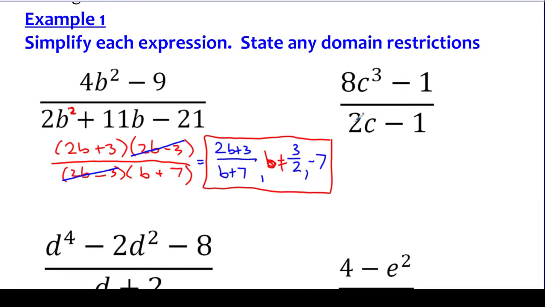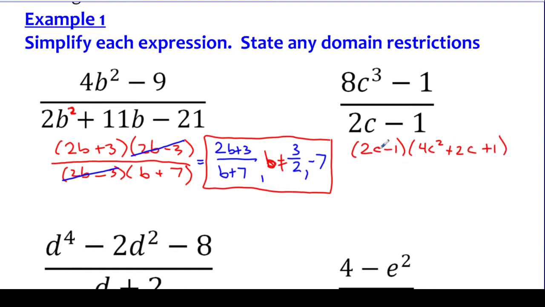It's just going to use different factoring methods for each of them. So if I were to take a look at this one, I see a difference of cubes now. This is 2 times 2 times 2, and c times c times c, and 1 times 1 times 1. So I can actually turn this into, again, I'll let you go back and look at the reference, 2c minus 1 and 4c squared plus 2c plus 1.